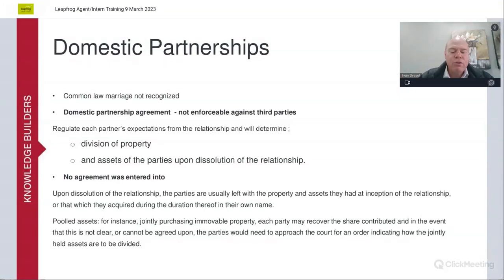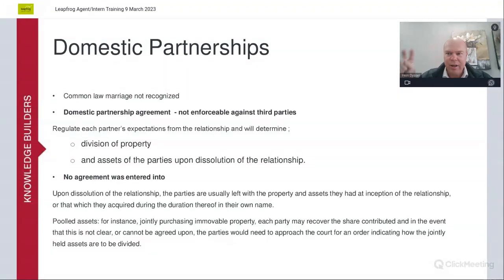But if you are in such a relationship and you are not married and you're buying property together, you've got to enter into a partnership agreement with your partner. You have to manage how we are going to split the assets. What are we going to do? Because we are not seen as husband and wife.